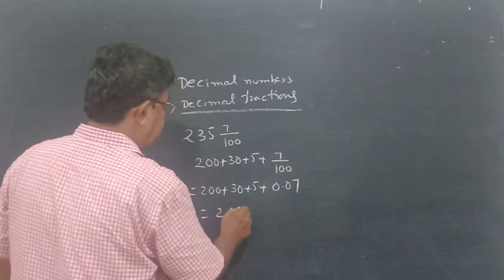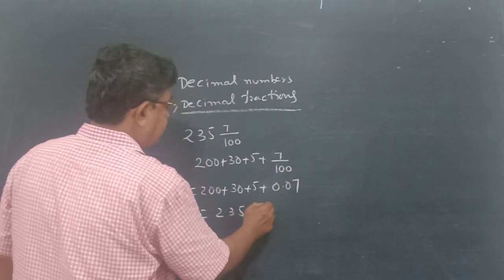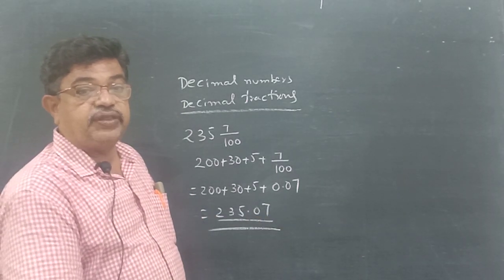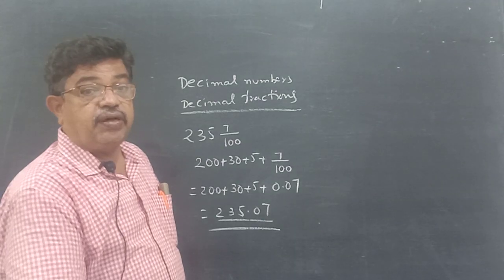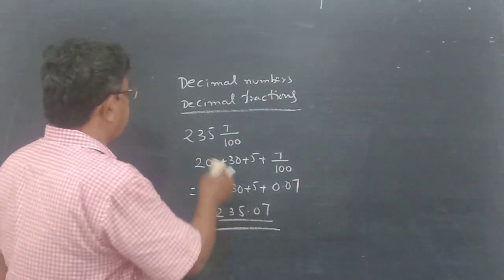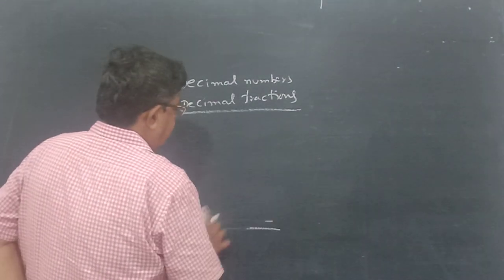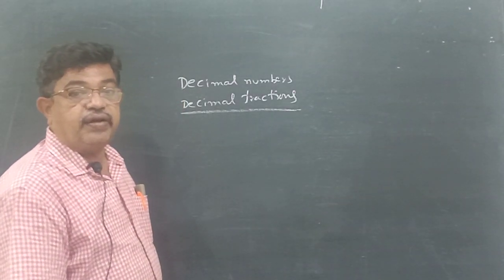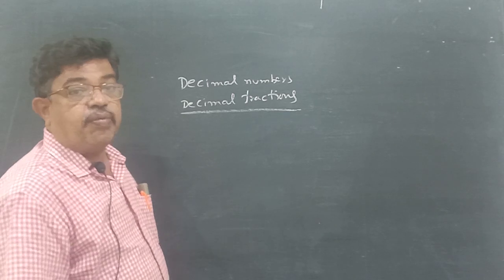So, the value is 235.07. That is the value of 235 7 by 100 in terms of decimal. So, what do you understand from this? Decimal numbers depend on the value of the denominator, which is 10 or multiples of 10.